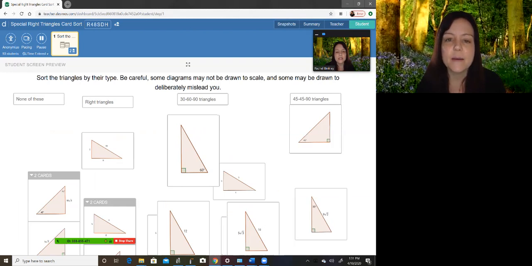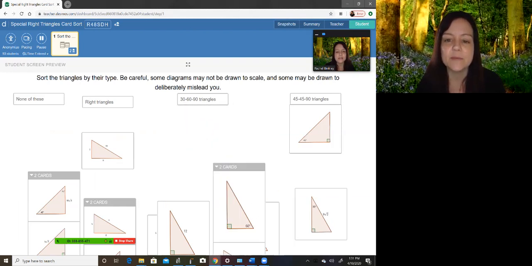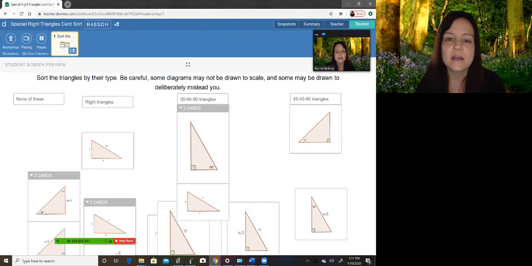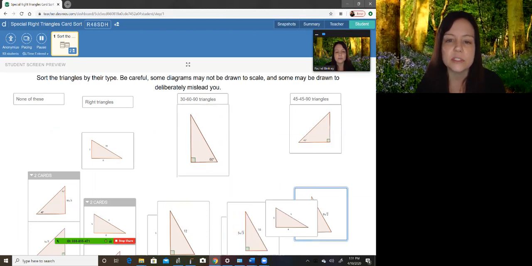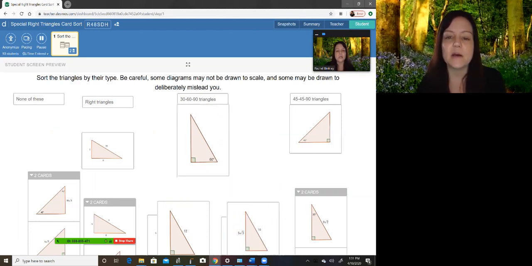This one must be a 30, 60, 90. We don't have to know any of the rules because we know that one angle is 60 degrees, one angle is 90 degrees, and that means that the other angle must be 30 degrees in order to add up to be 180 degrees.